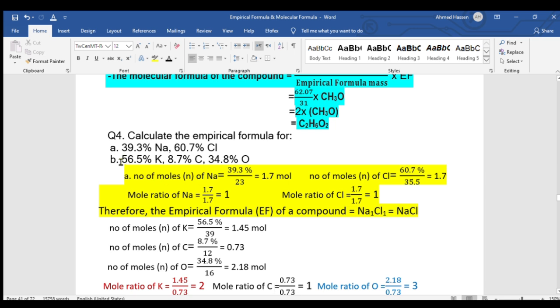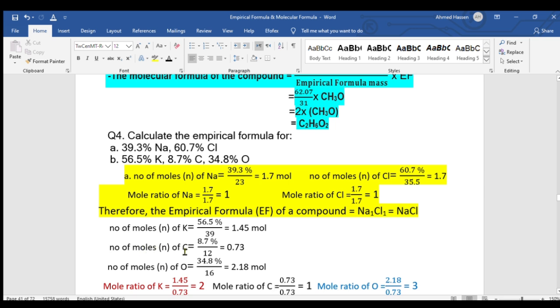What about B? Potassium, carbon, and oxygen are given. The given masses are potassium 56.5%, carbon 8.7, and oxygen 34.8. Therefore, number of moles of potassium is equal to the given mass over the molar mass of potassium, 39, which is equal to 1.45 mole.